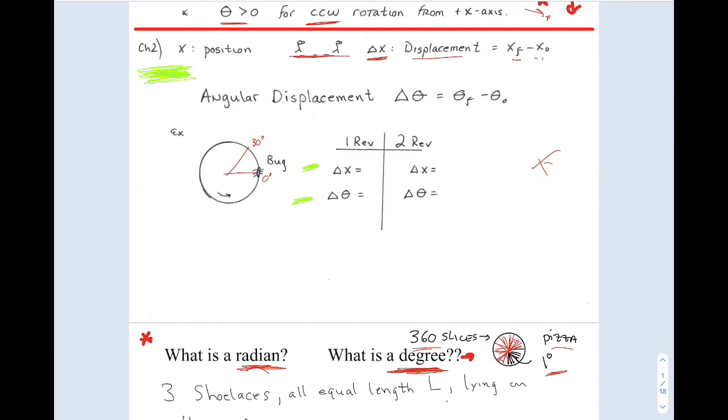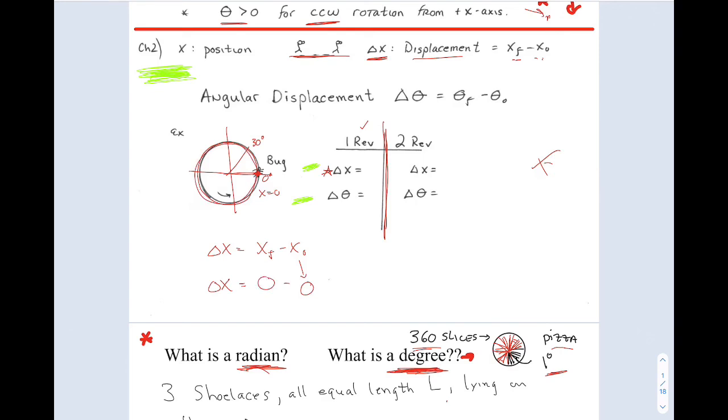So let's say in this picture, I have a bug here, and I'm going to do the left-hand side first. It goes around once. I have one revolution. What is delta x for the bug? Remember, delta x is x final minus x initial. The bug starts at x equals 0. So the initial position is x equals 0.